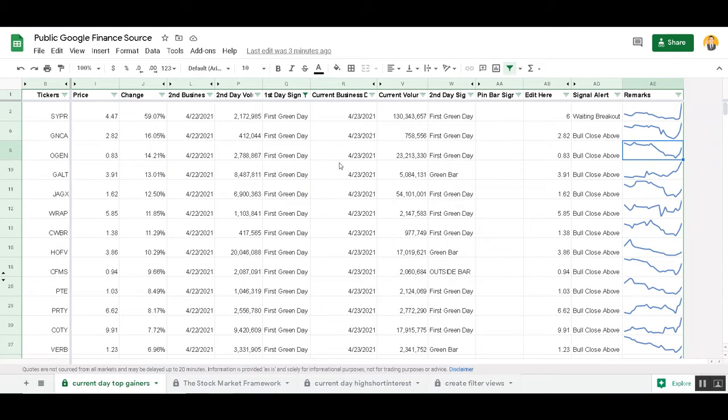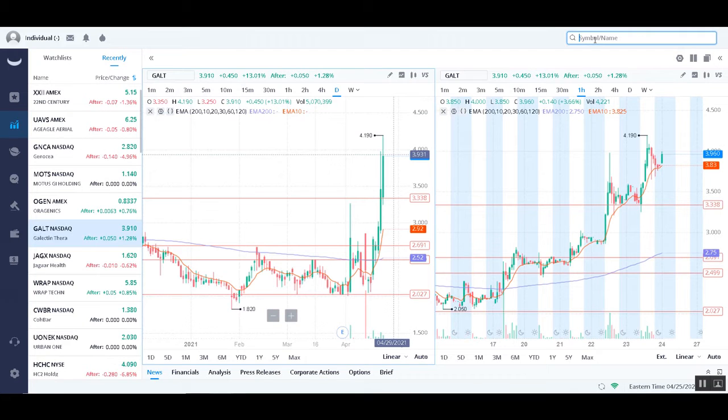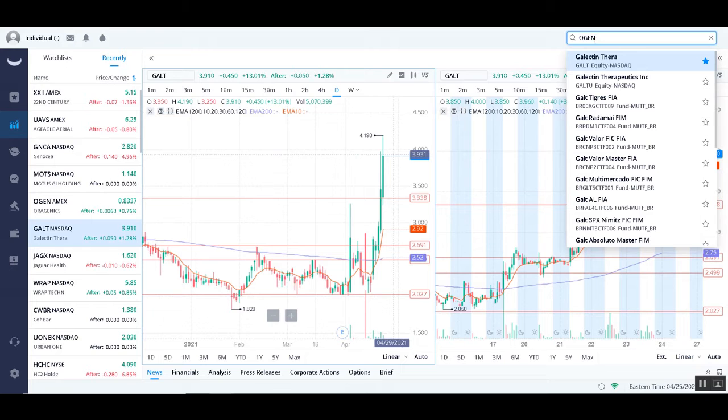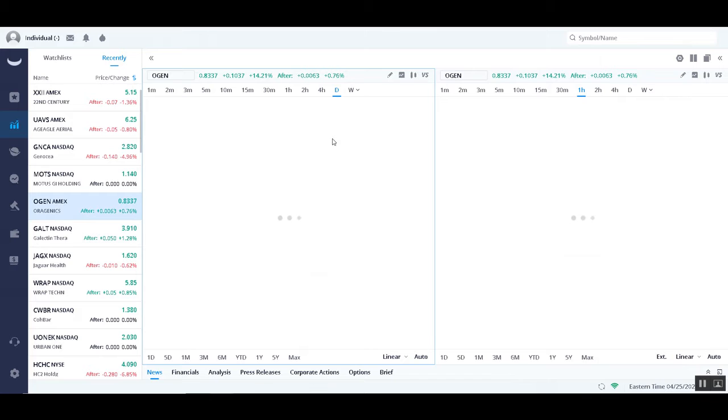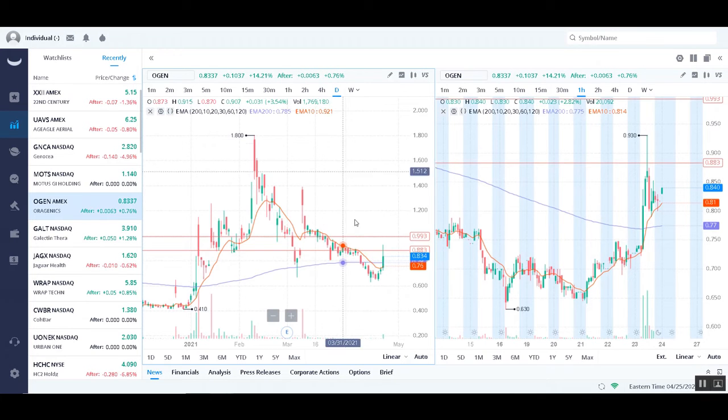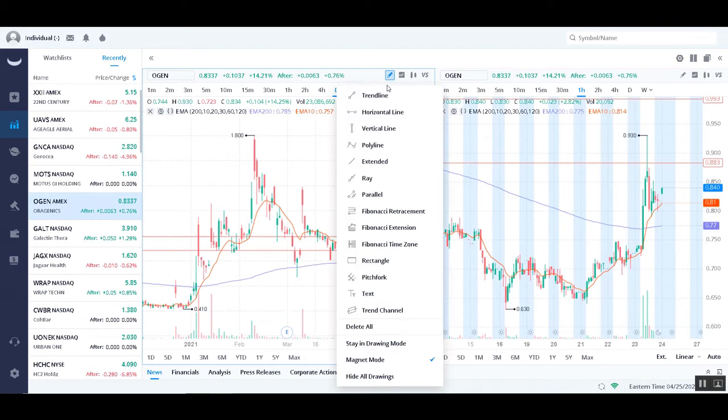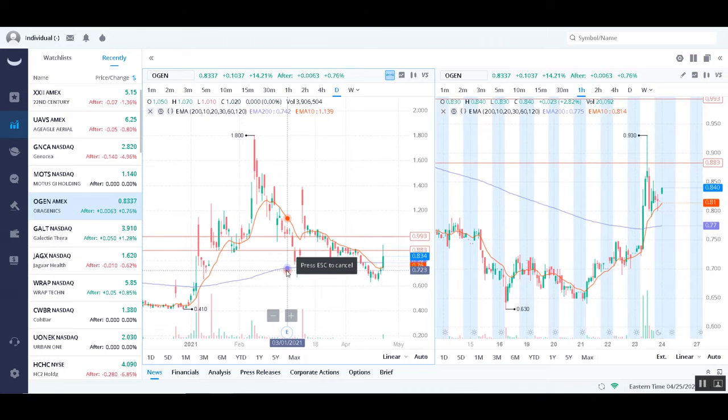So let's look at OGEN. Clearly, you can see that there is almost a double bottom that looks like a spring. Okay, great. So we did see a double bottom, and right now the market is about to break the second resistance.